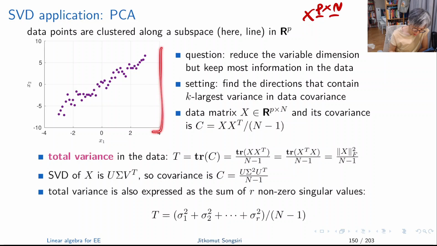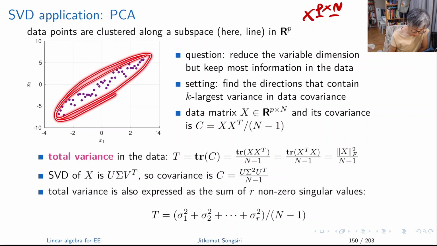And in this picture, it suggests that originally you have data in two features, two dimensions. But when you make a scatter plot in this way, the data is very correlated.